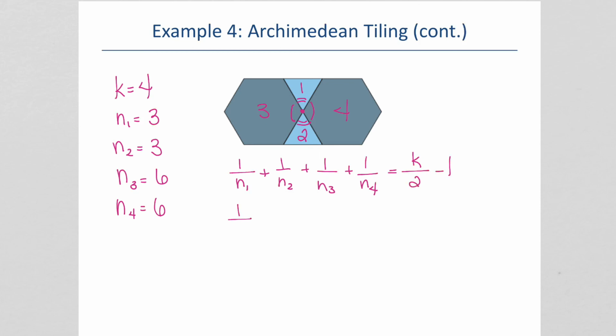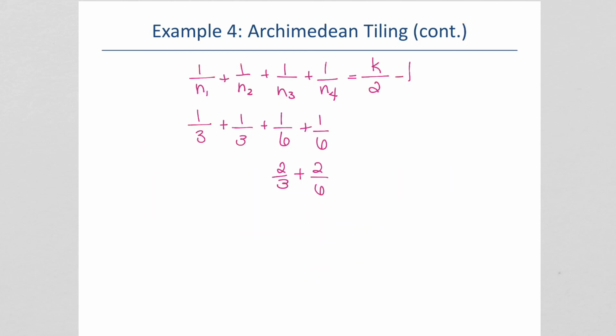Let's see. 1 over 3 plus 1 over 3 plus 1 over 6 plus 1 over 6 is 2/3 plus 2/6. I'm running out of space. And 2/3 plus 2/6, well, that's 2/3 plus 1/3, 3/3, or 1. So let's see if k over 2 minus 1 would also be 1.